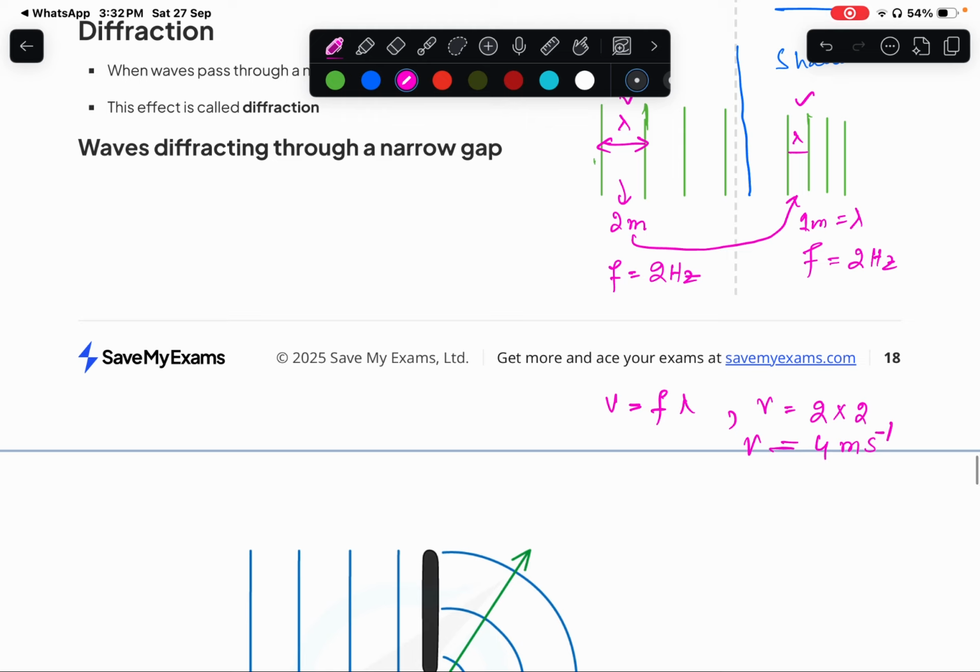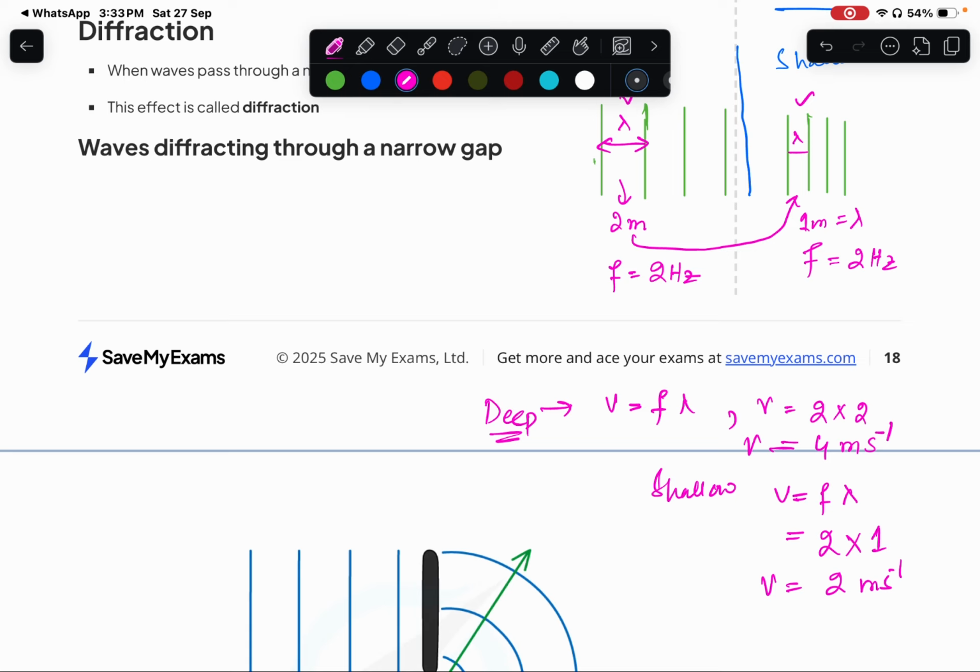But that is for the deep one. For shallow, we will be using the same equation, v = fλ. This time we'll be using the frequency value as it is, but the wavelength is 1. So in the shallow region, the speed is 2 meter per second. So the speed is half. Why?